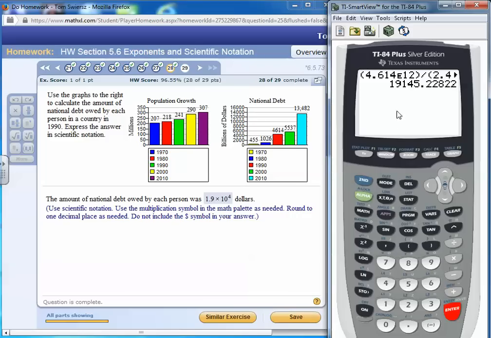And we get 19145. Now it says use scientific notation and round to one decimal place.